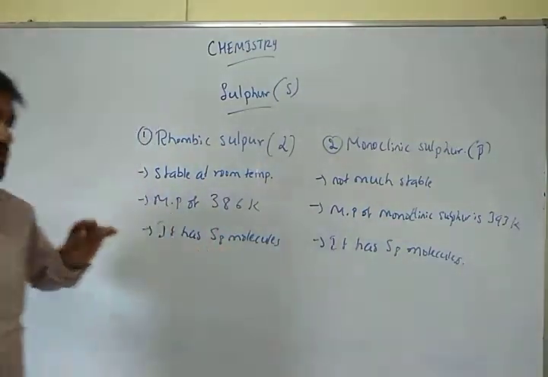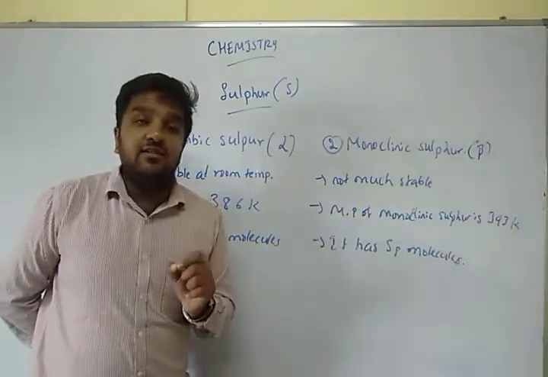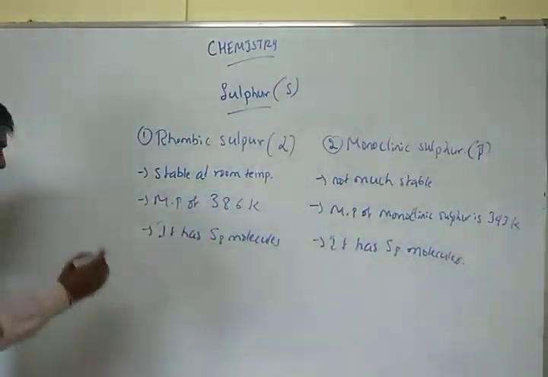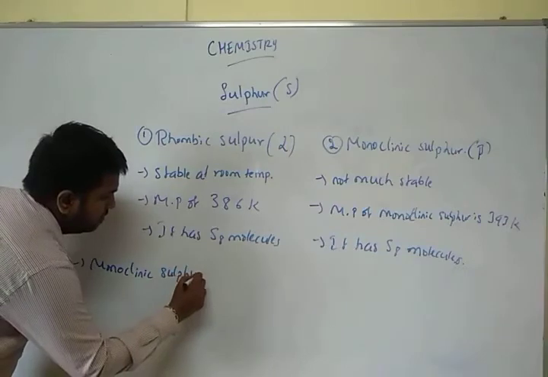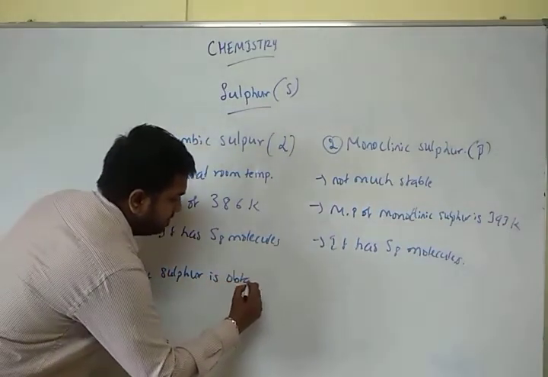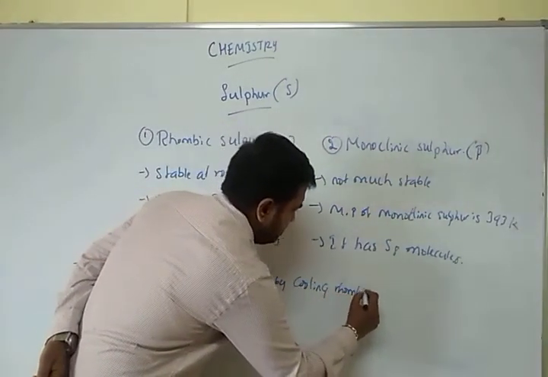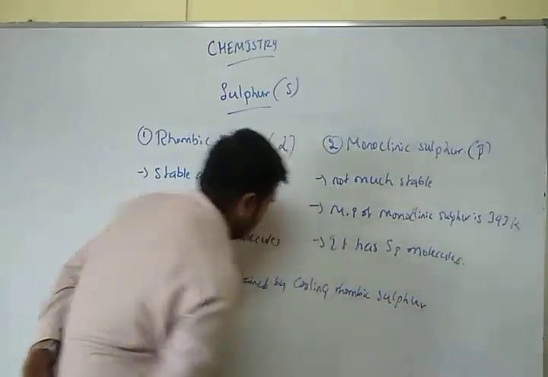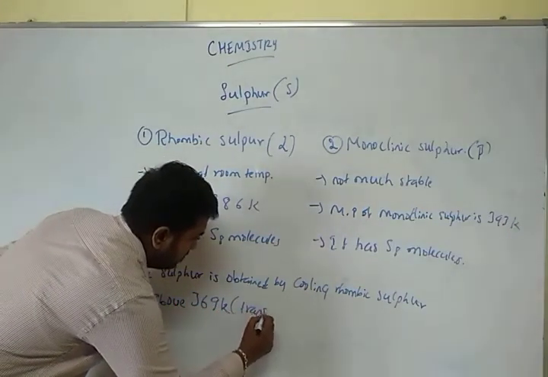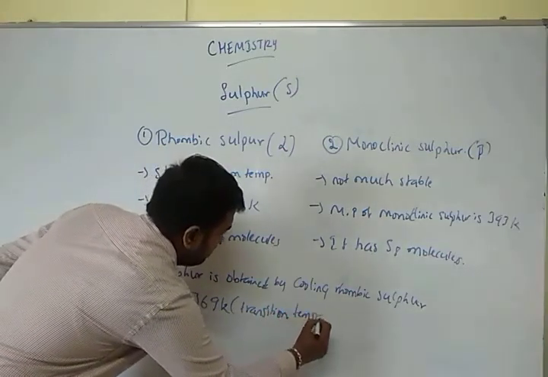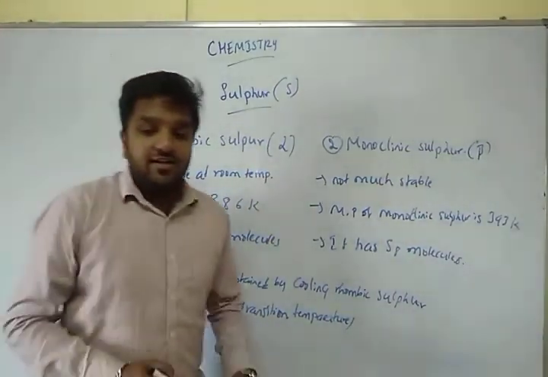When we heat this rhombic sulfur above 369 Kelvin, that particular temperature we call the transition temperature, we get monoclinic sulfur.